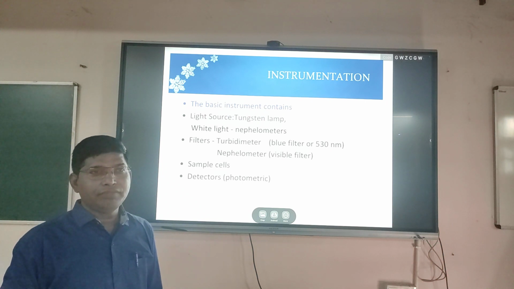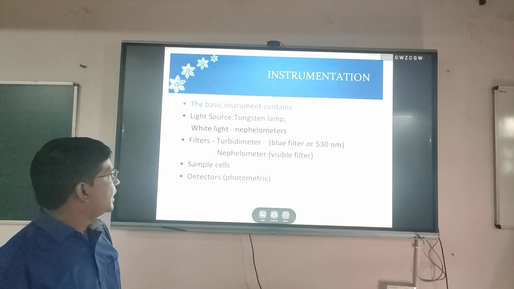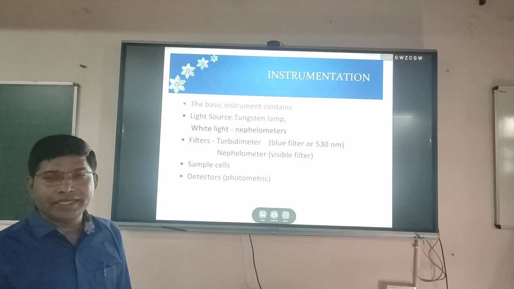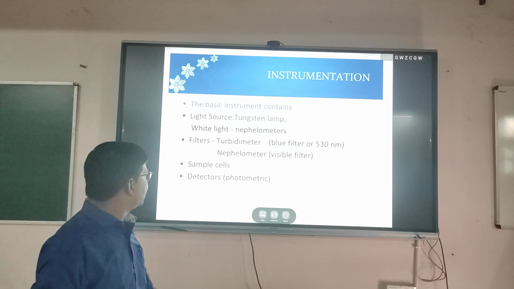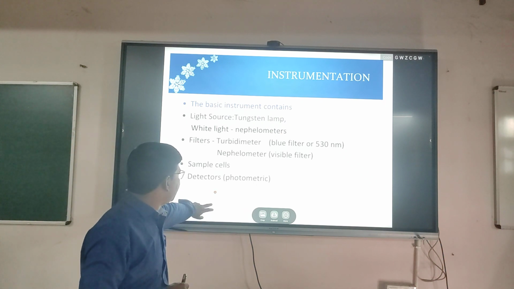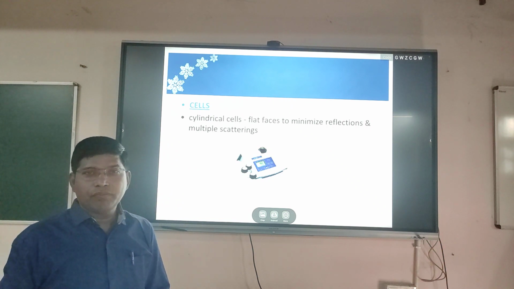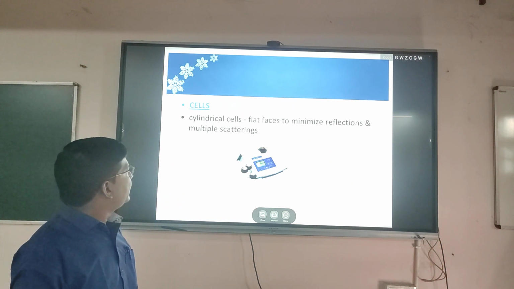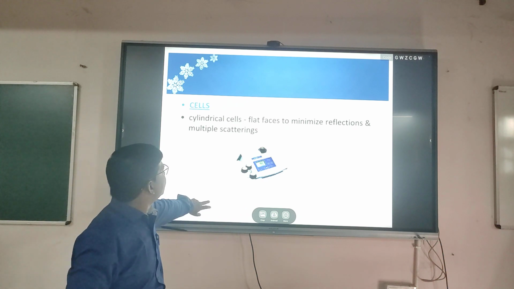A blue filter means it will absorb the blue light, then pass the other wavelengths of light onto the solution. In nephelometry we will use a visible filter. Then we have the sample cell and detector. This is a portable instrument for measuring scattered radiation of a solution.